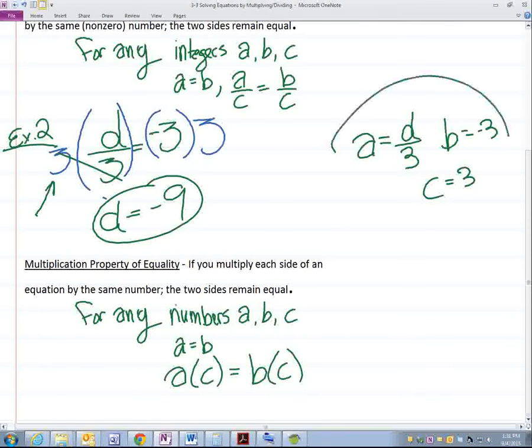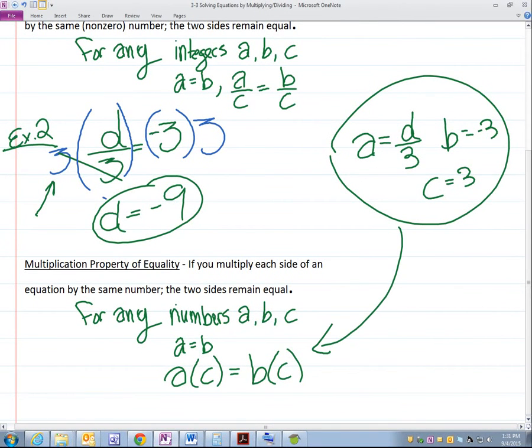If you wanted to evaluate these and plug it into that, that's how it works. That's what we just did. Okay? And you would come out with those numbers. D would be -9.